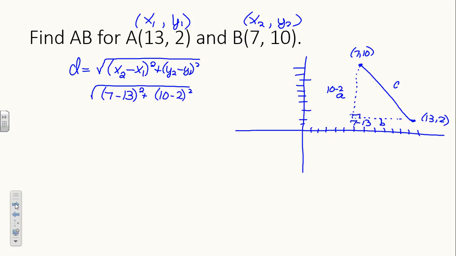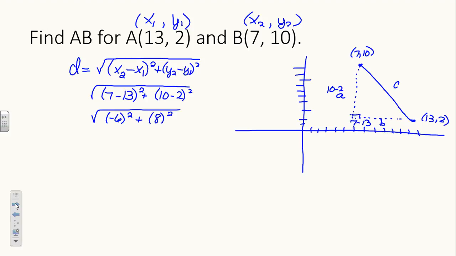Okay. What is 7 minus 13? Negative 6. We're going to square that. What's 10 minus 2? 8. We're going to square that.